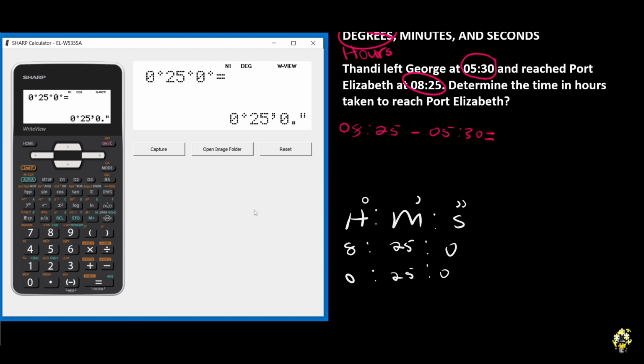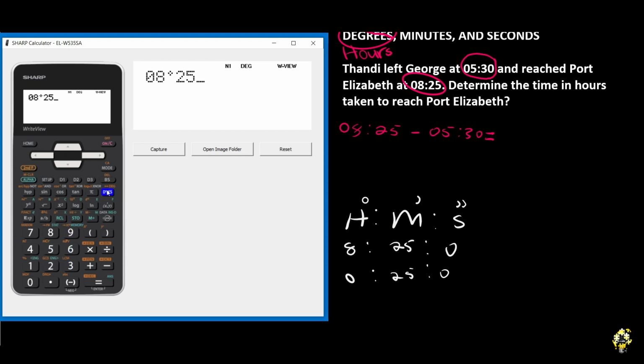Now let's go back to our question. Let's just clear this. On our question, we had 8. Whether you press 08 or you just put 8, it's fine. It works the same. And again, after pressing any number when you're doing time, you press DMS. Any number, DMS. And we have 25 minutes.